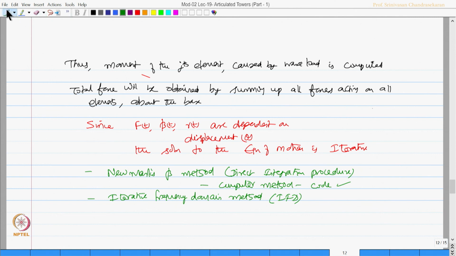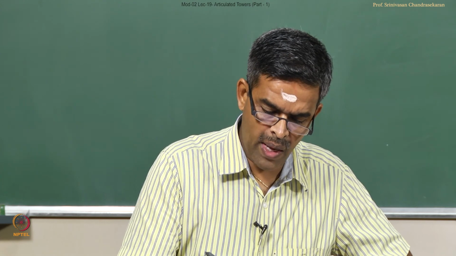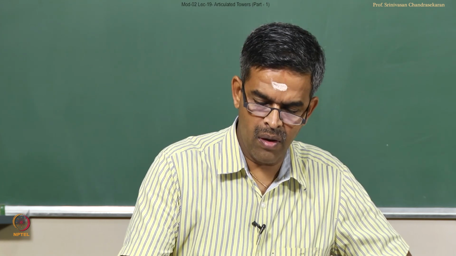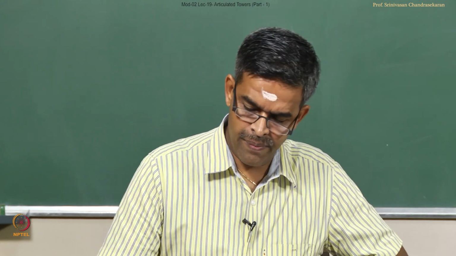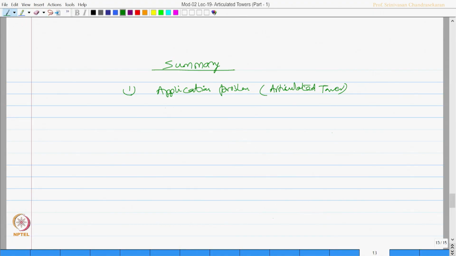Okay. So, friends, in this lecture we learned one application problem on an articulated tower. We already have a computer program which calculates omega and phi for the known values of mass and k. So, for mass and k as input, one can find out omega and phi.